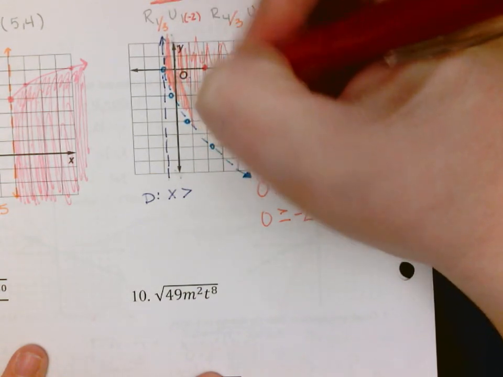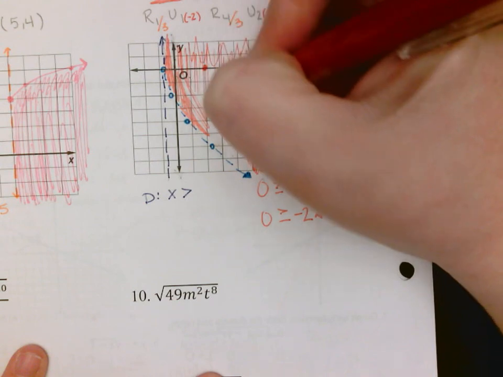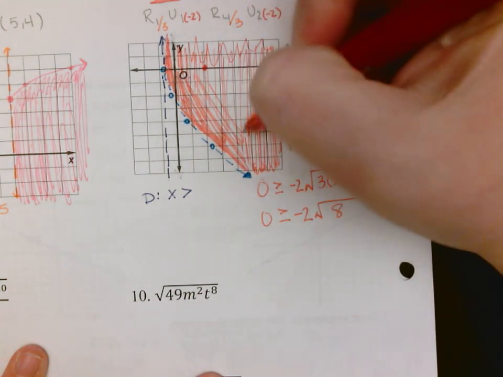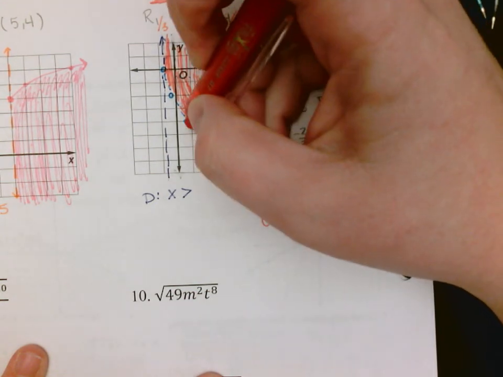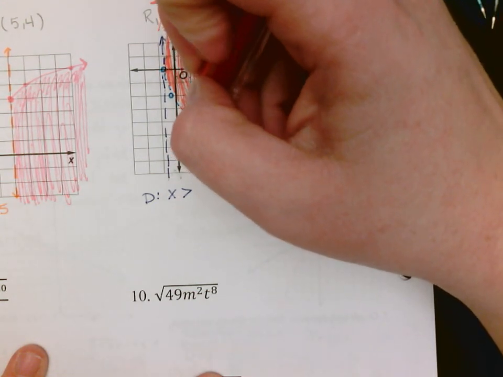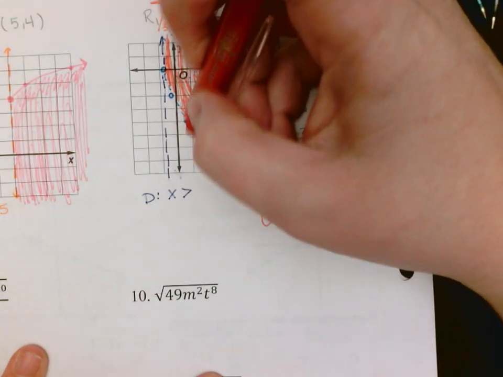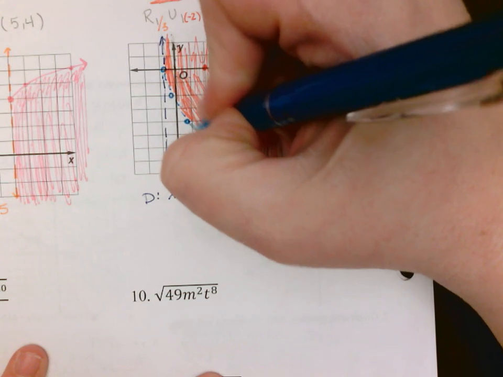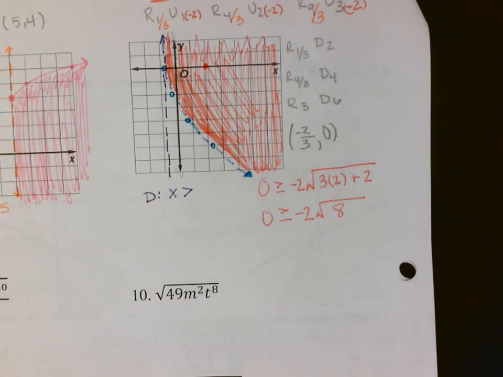I didn't cross it. Oh, I almost crossed there. Oh, it was so much prettier the first time. There we go. Much better. Alright, pretty graph.